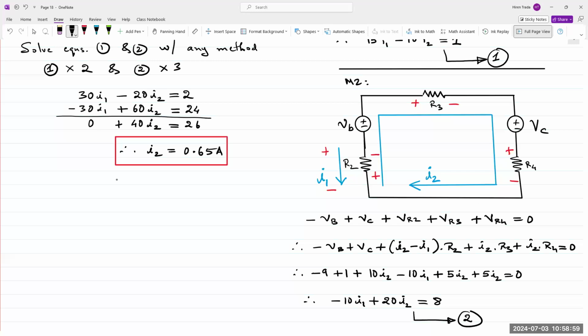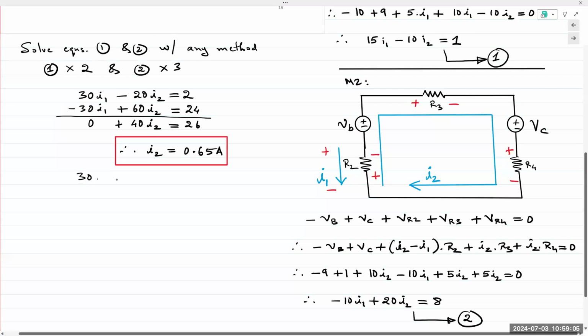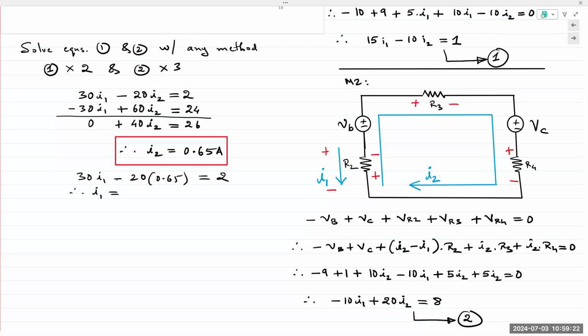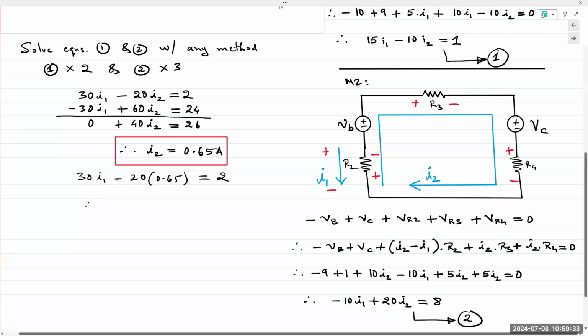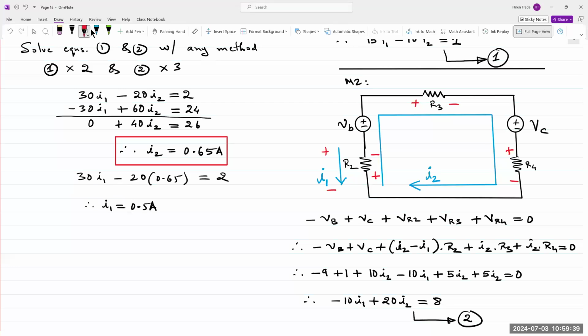Okay, plug in I2. 30 times I1 minus 20 times 0.65 is equal to 2. Therefore, I1 should be 0.5 amps. Okay.